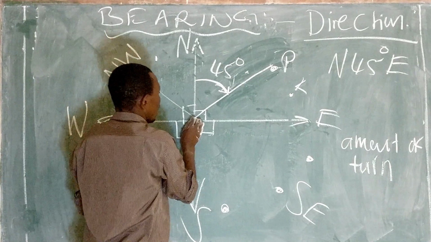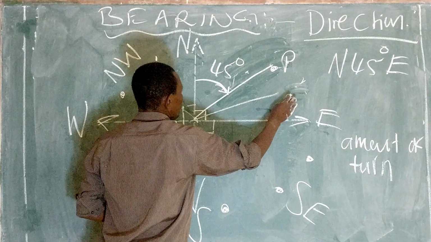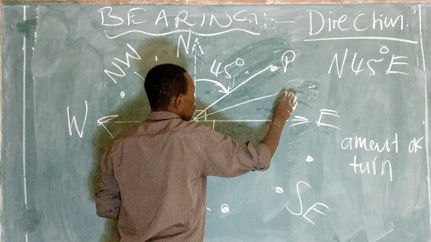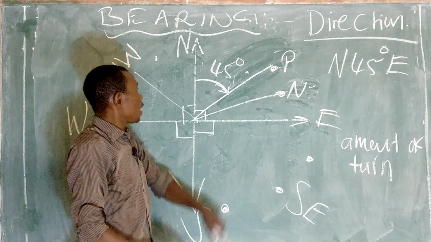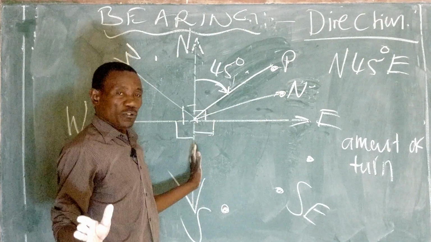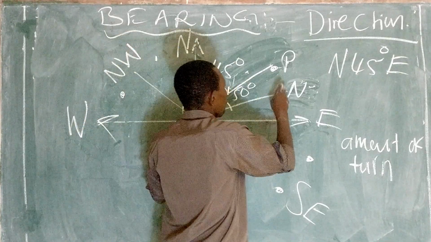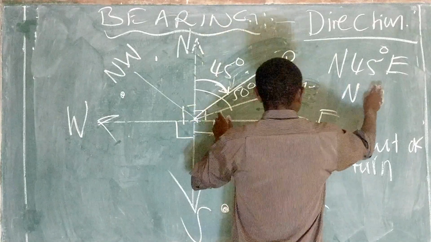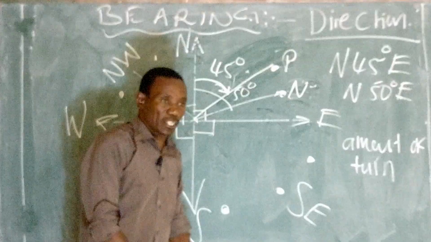Unlike if somewhere is here, also on the northeast, and this one is found at 50 degrees. Now it means it is quite different from this. If you just say northeast, that does not make sense. But if this angle is 50 degrees, you talk of N as found at 50 degrees north of east, to be specific.